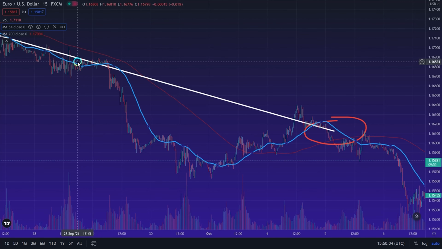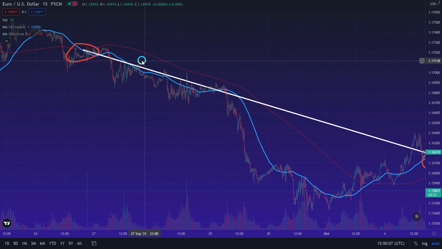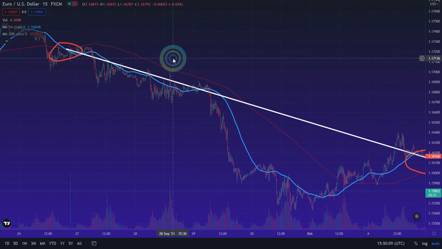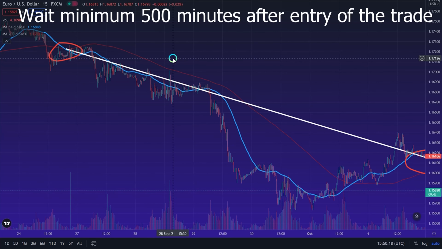So if you enter a trade and you are in profit, so it is not an issue, and it will fulfill the dynamic exit rule, the crossover that I will tell you, you can't take the trade if the 500 minutes hasn't passed yet since the entry.